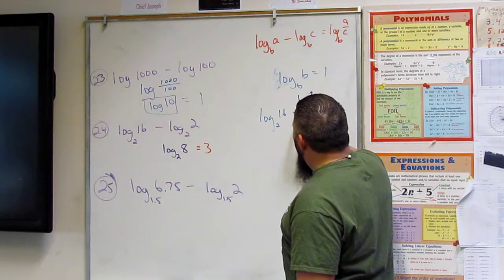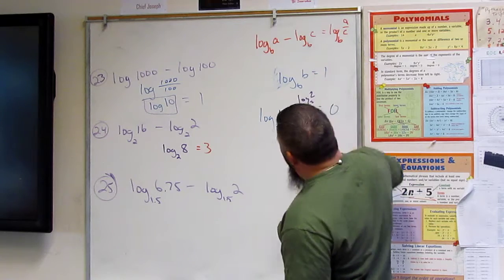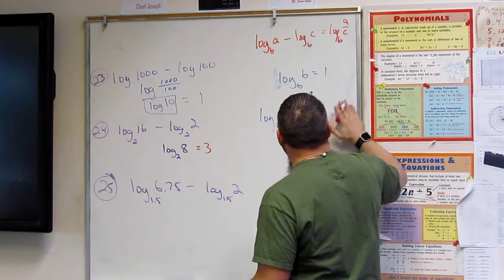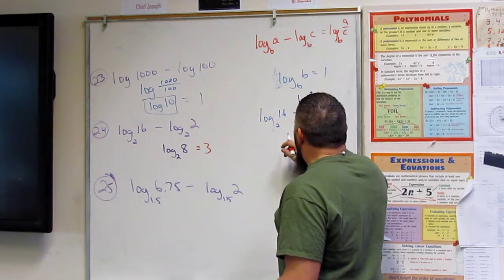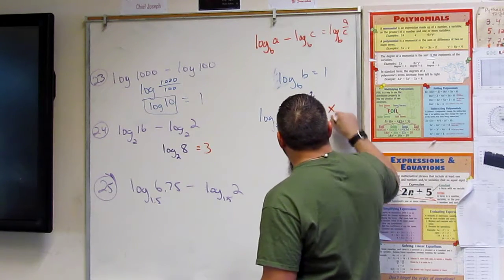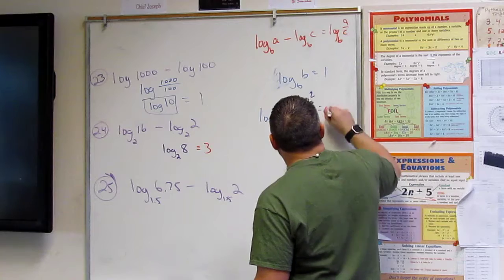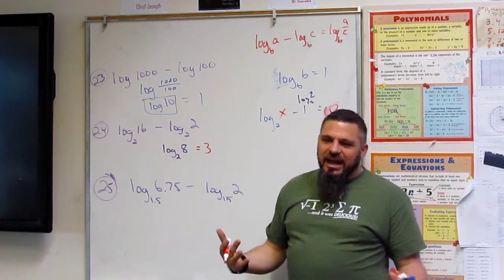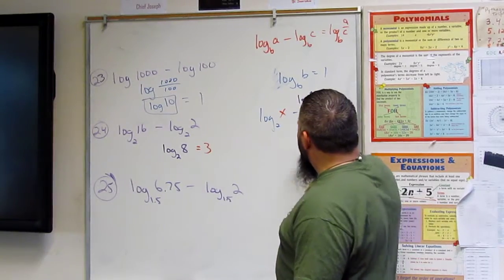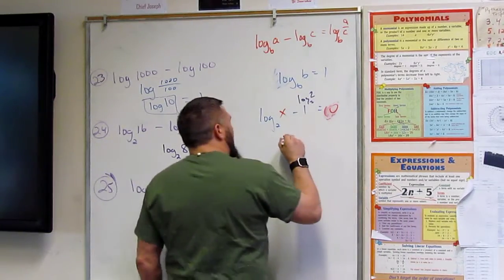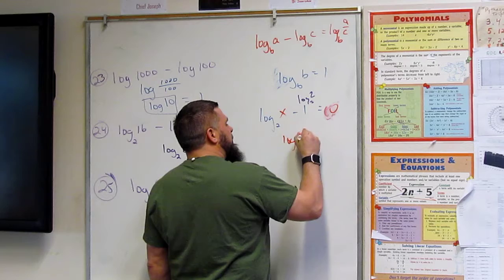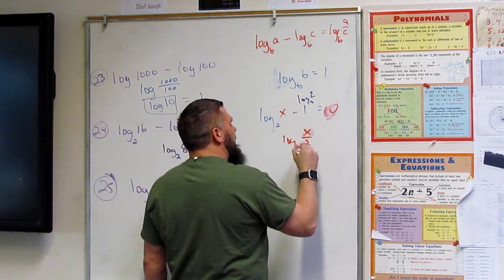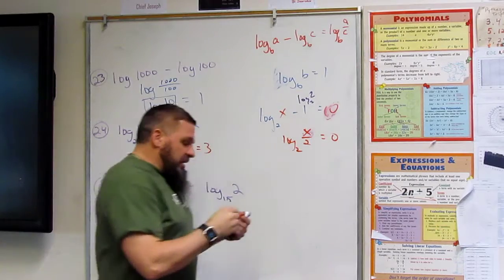In this case they'd have to have a variable in here, sorry about that. If they had 0, they would turn this into x. Then you'd have log base 2 of x divided by 2 equals 0.